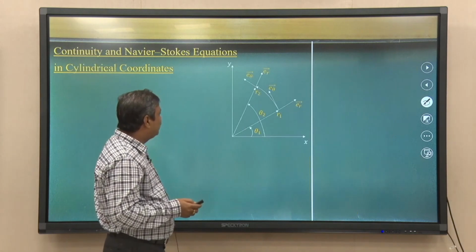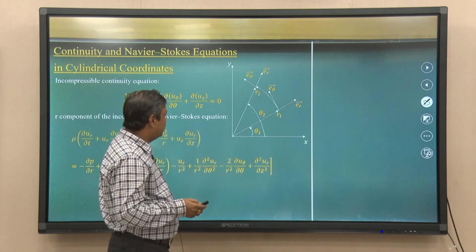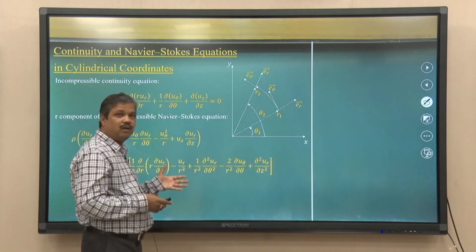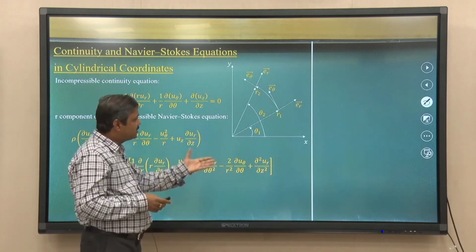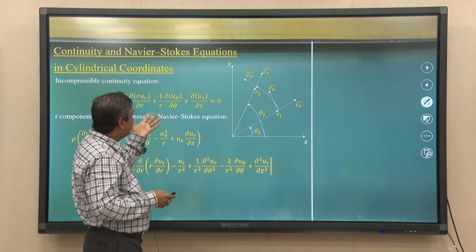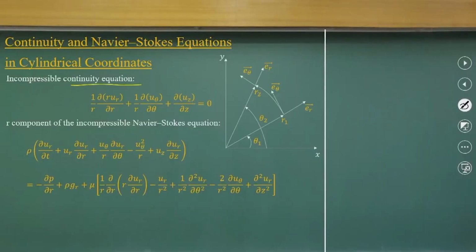Let me go to a very interesting part: many times we can also write the same form for cylindrical coordinate systems. We are not going to discuss it in this class, but please practice writing the mass conservation equation and the r component.